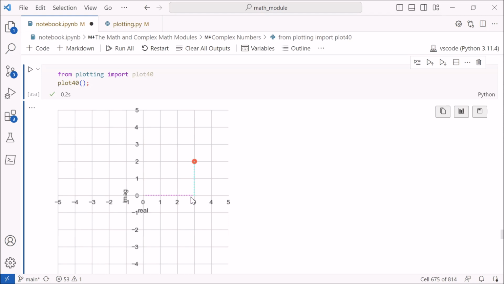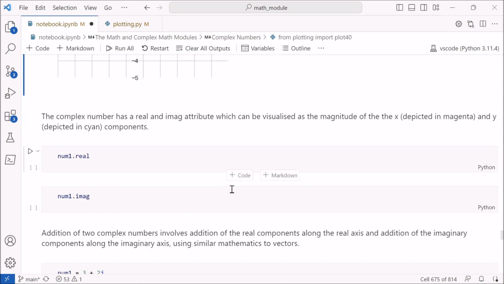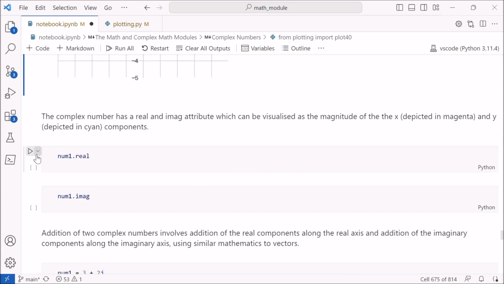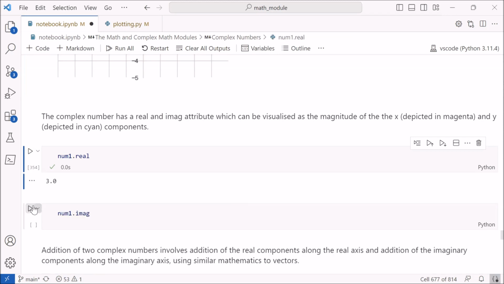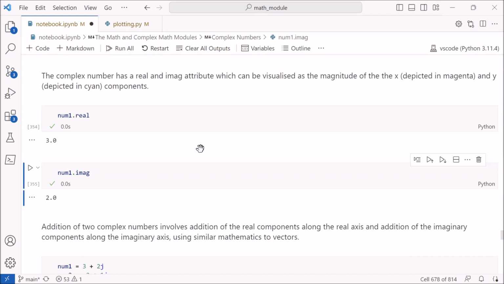So you've got a real component of 3, but this also has an imaginary component of 2. So we treat this number as effectively being a coordinate. And it's got two attributes, the real attribute and the imaginary attribute. So that's the 3 and that's the 2.